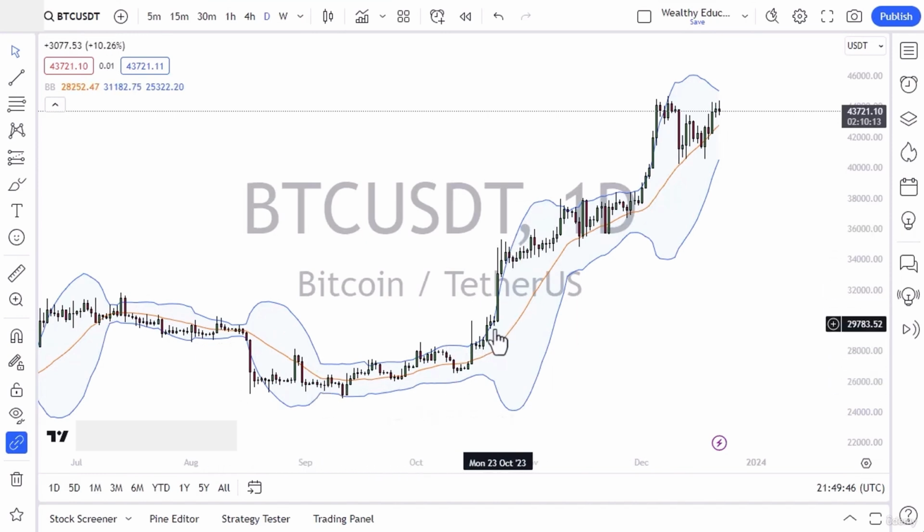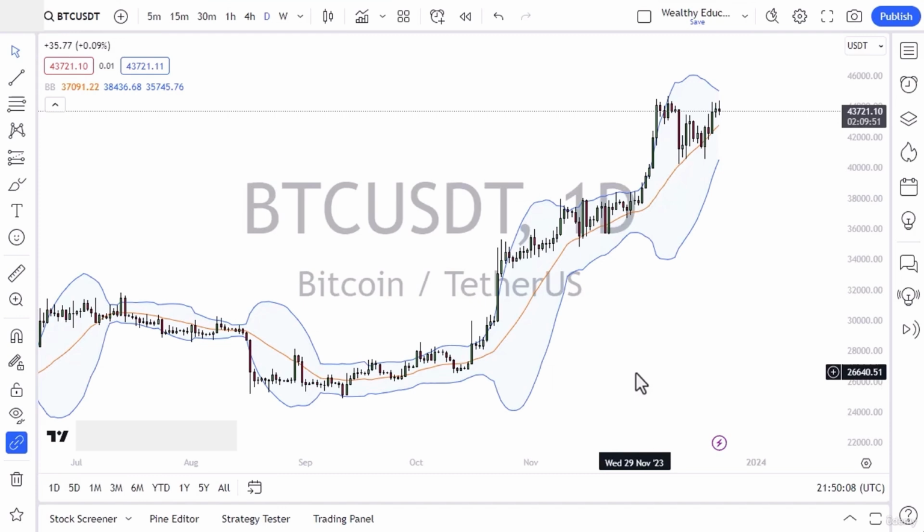It's compressing and then it suddenly gets more volatile. There is a strategy that people use called a squeeze. When the Bollinger Band squeezes and we finally break down through it, you short. In this case, when it squeezes and we finally break through it, you buy it. In that case, that's one way.